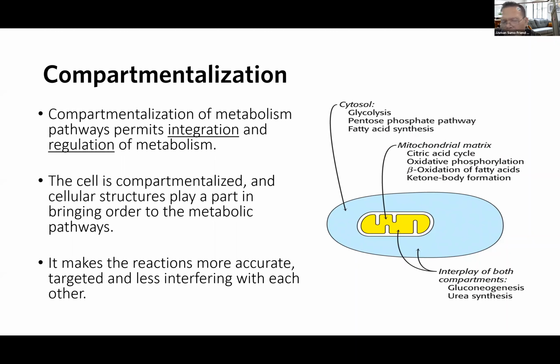In the cytosol, glycolysis, the pentose phosphate pathway, and fatty acid synthesis occur. But in mitochondria, there are many metabolic pathways, for example, the citric acid cycle, oxidative phosphorylation, ketone body metabolism, and so on.